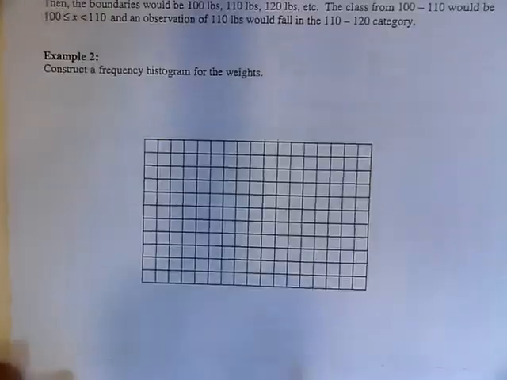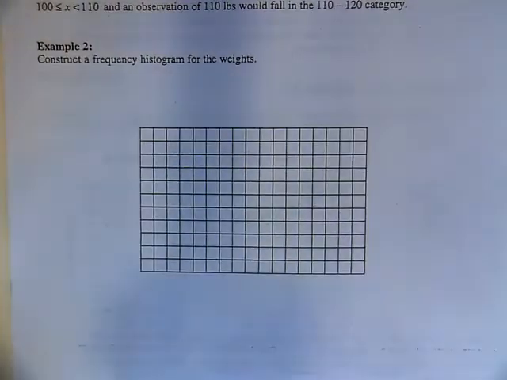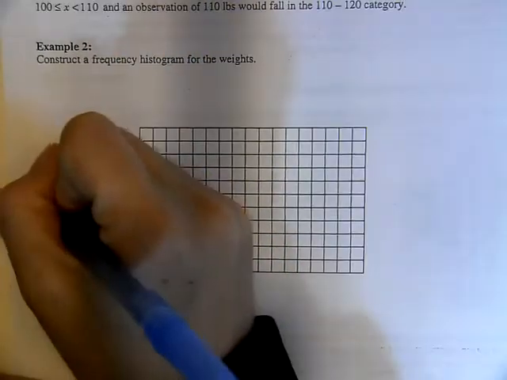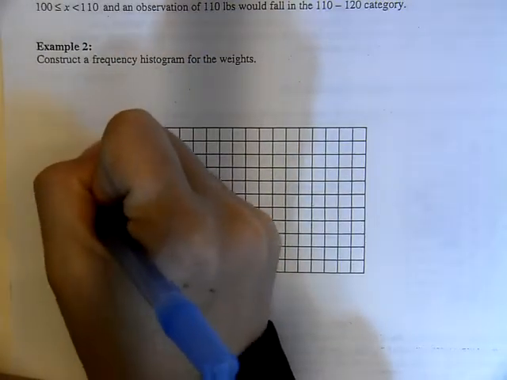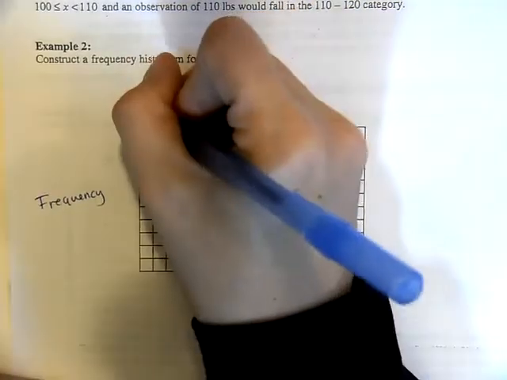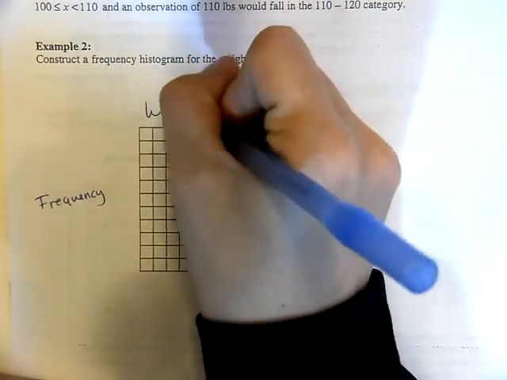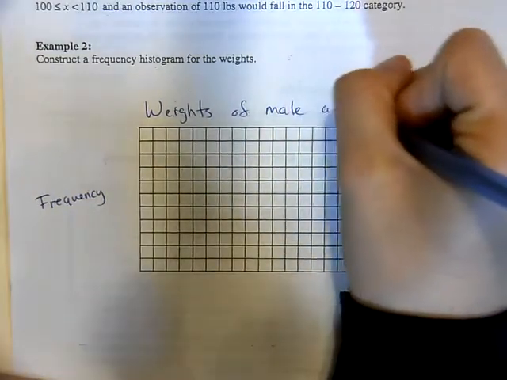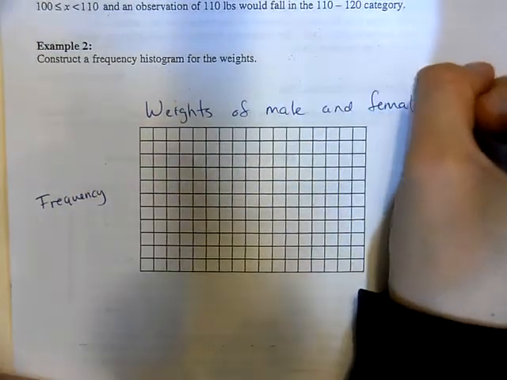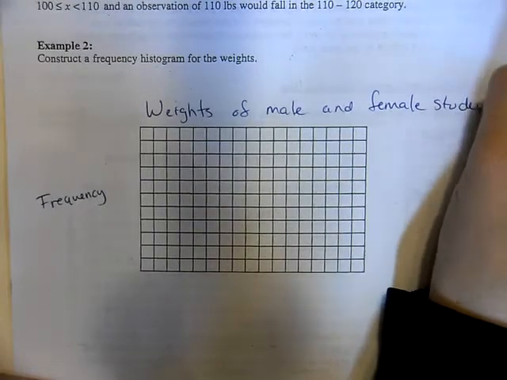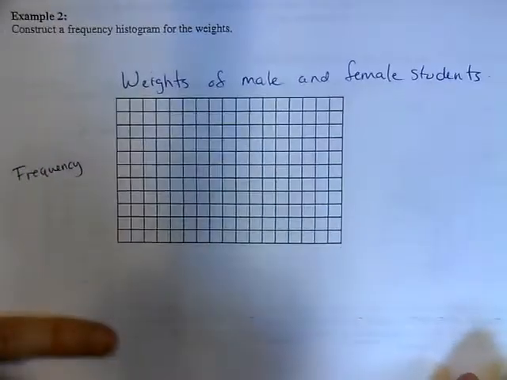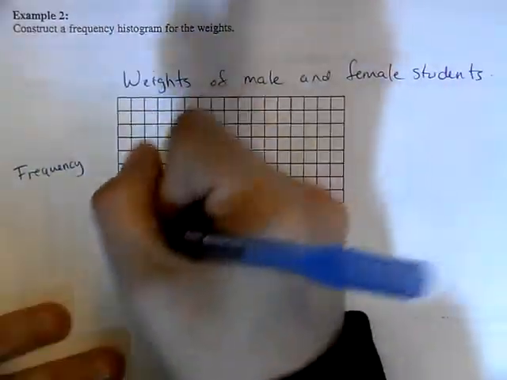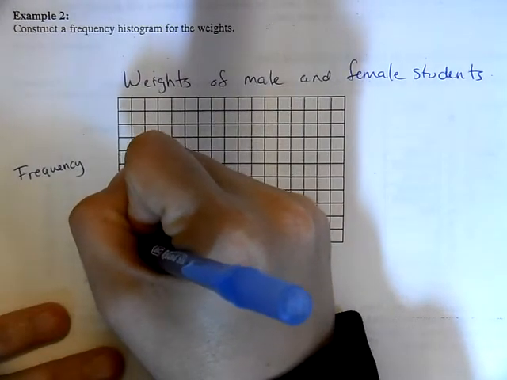Now we're going to do a frequency histogram for our table. We're going to have frequency on the side, and the title is weights of male and female students. The highest one is 24.